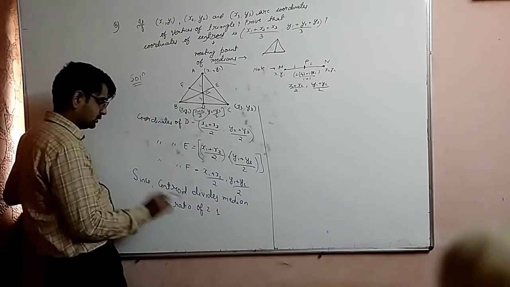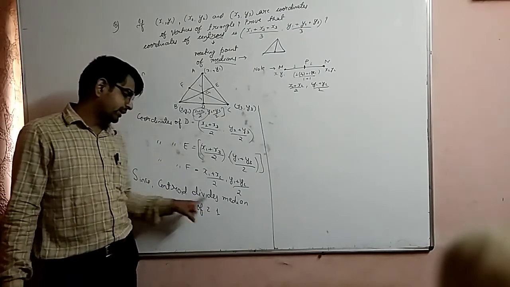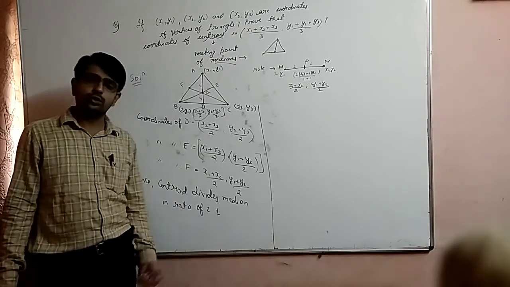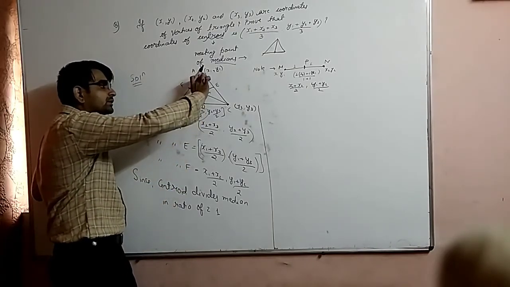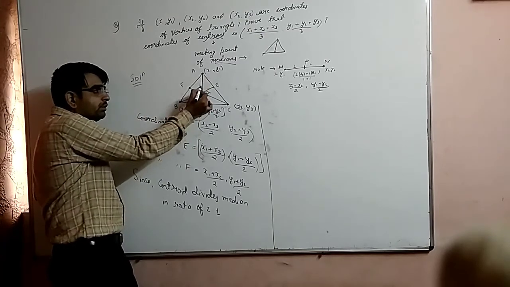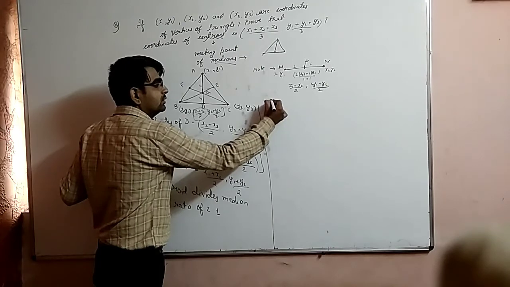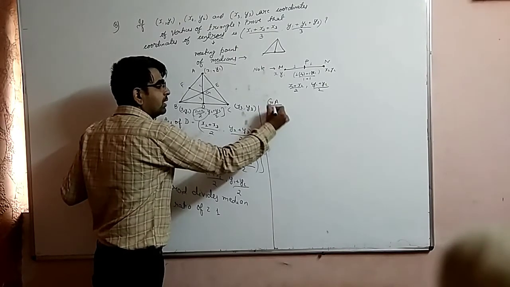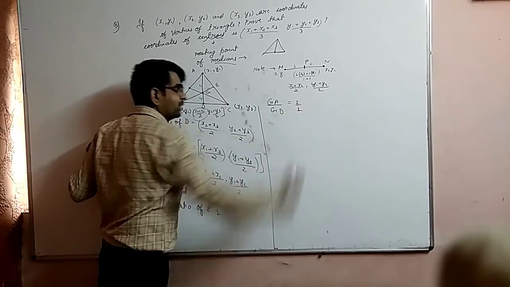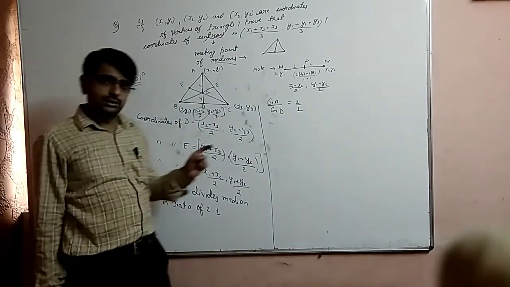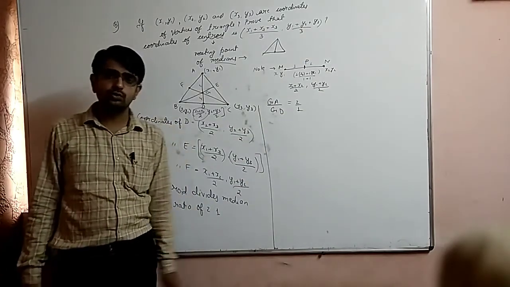This is the main point of the question. See, this is my centroid and this is the median. So what will be the ratio? 2:1. What can I write? GA by GD will be 2:1.